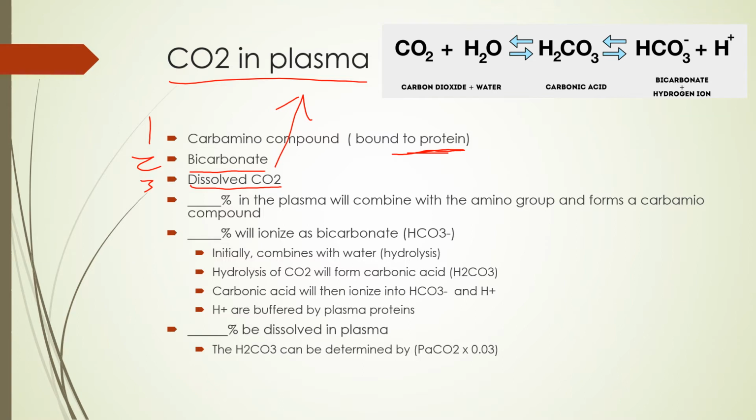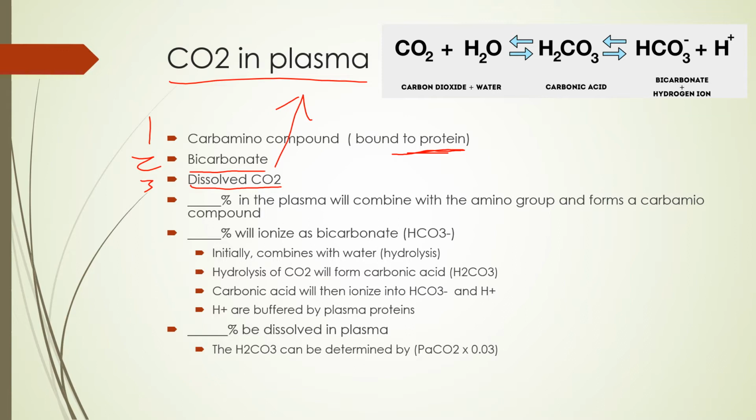That's where that CO2 gas molecule is still in the plasma exerting pressure, just like little PaO2. This is little PCO2. So that's your third way. Carbamino, where it's bound to a protein. Second way is bicarb in the plasma. Then the third way is dissolved in the plasma, just like your other pressures of gases.